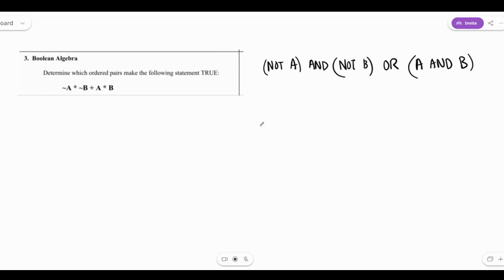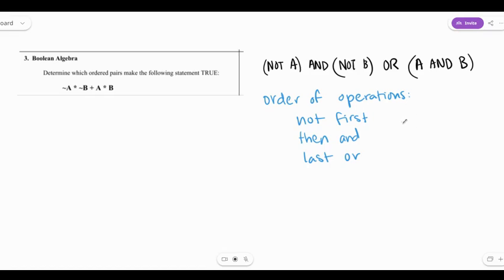Let me write that down. So not is first, then and, and last or, and this will go from left to right.